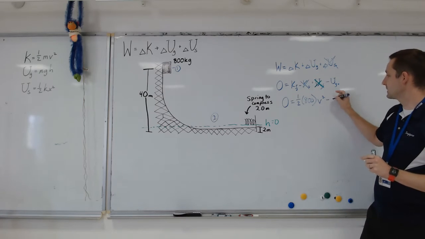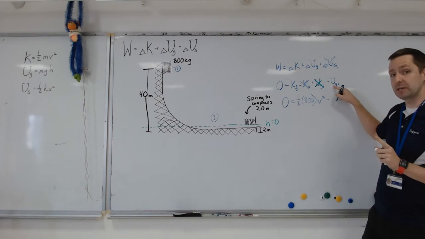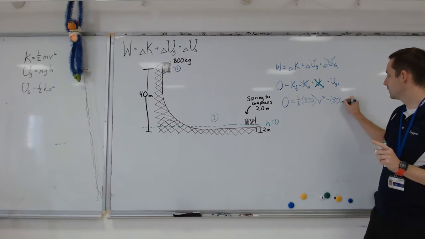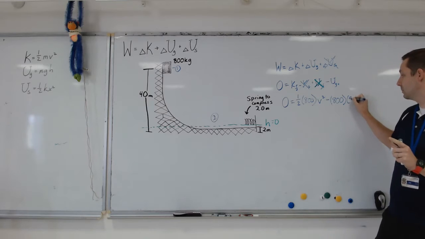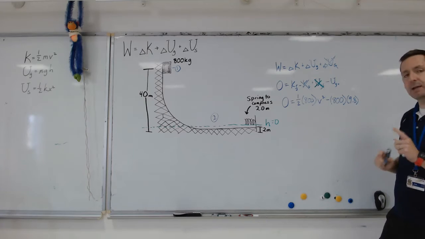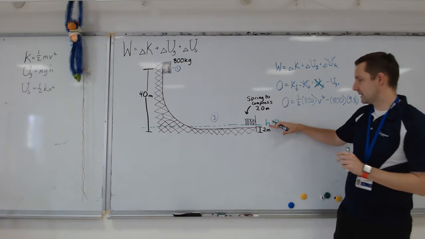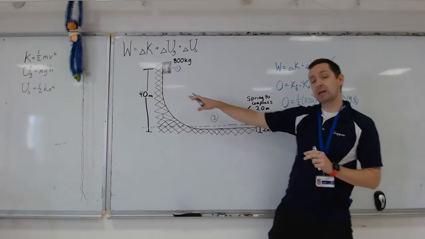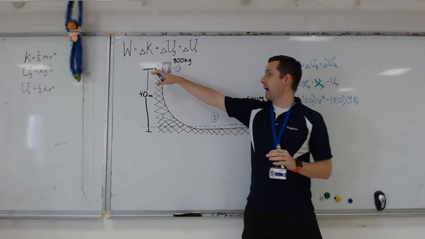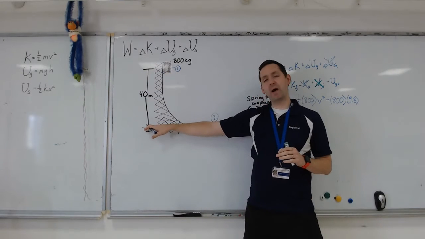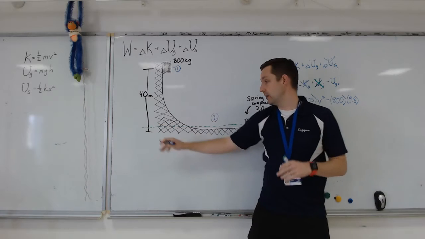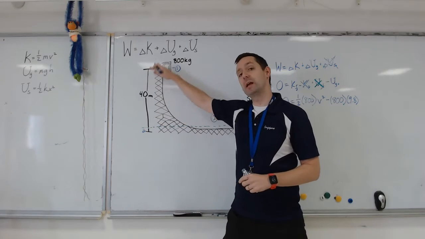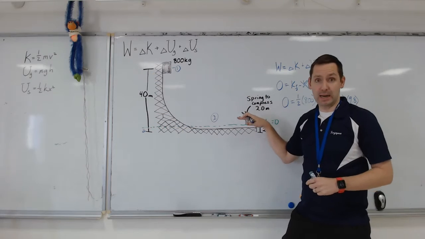I've got minus the initial gravitational potential energy, which will be the mass times g, which is 9.8, times the height. But remember, the height is going to be from the zero that I just defined, which was 2 meters up. So I'm not going to put 40. I'm going to put how high this is compared to my new zero. So this was 2 down here, and so therefore it's only going to be 38 above where it ended.